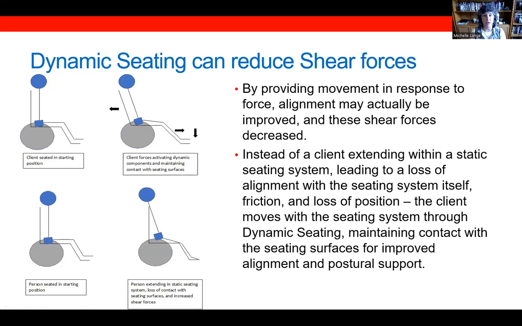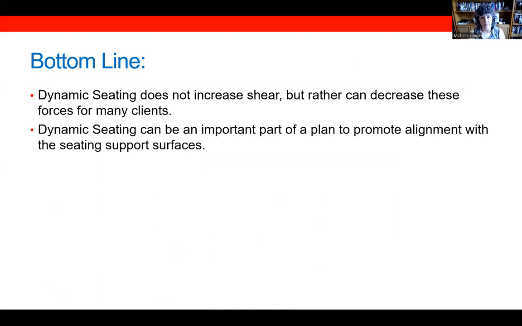It also means that we've reduced shear and reduced friction. So in this scenario, rather than dynamic seating increasing shear forces, it's actually reducing them, because the client is moving out of alignment with their static support surfaces. Dynamic seating allows them to stay in alignment.